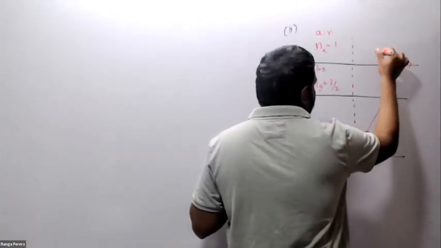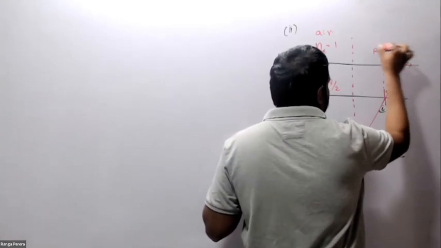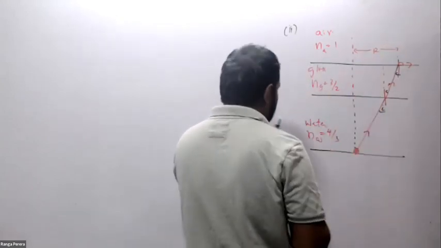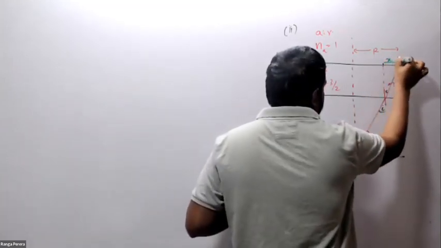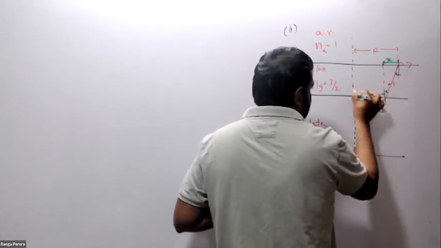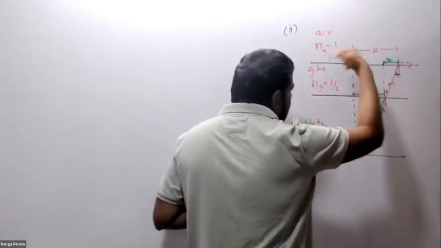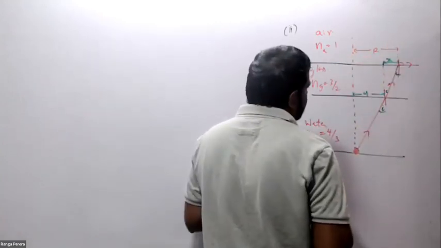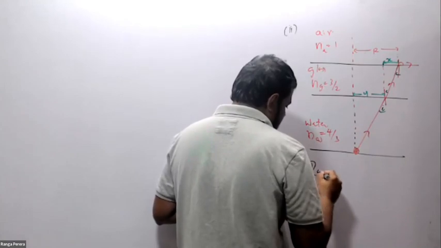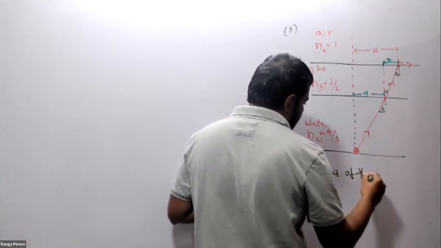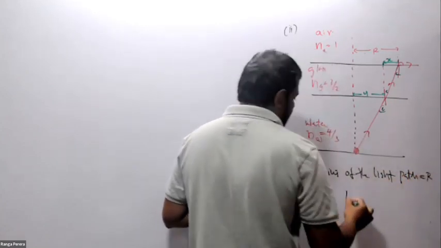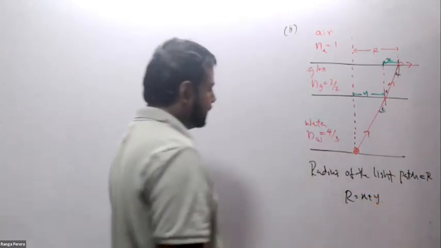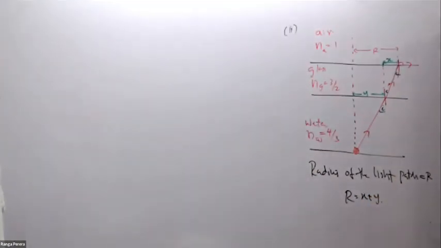So I need to find the R value. Let's say this is X and this is Y. The radius of the light patch is equal to R, and R is equal to X plus Y. So it is our duty to find X separately and Y separately.